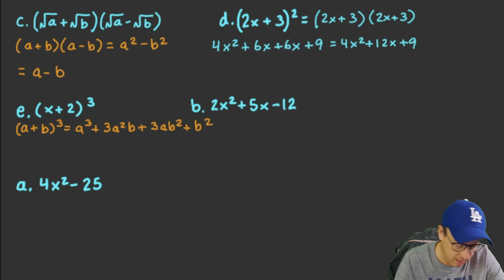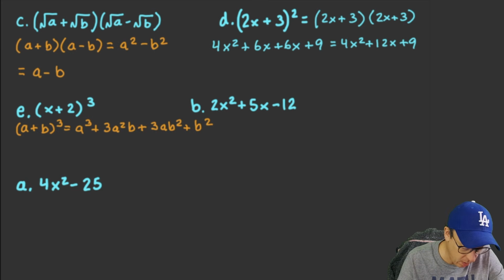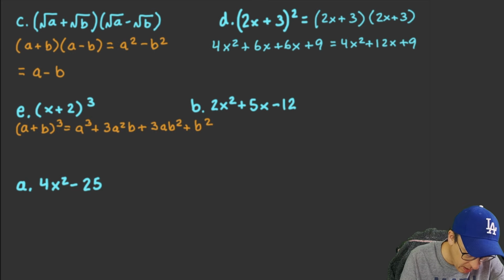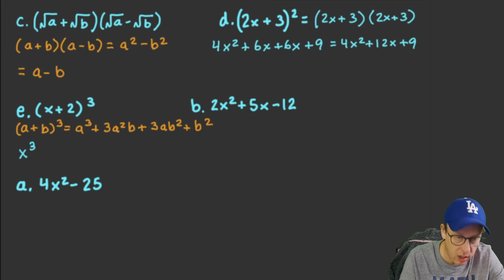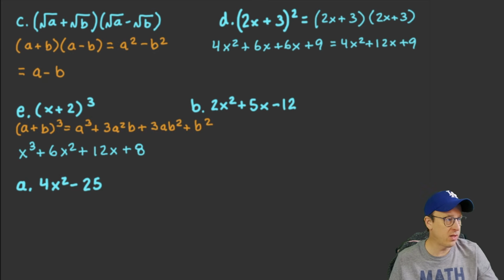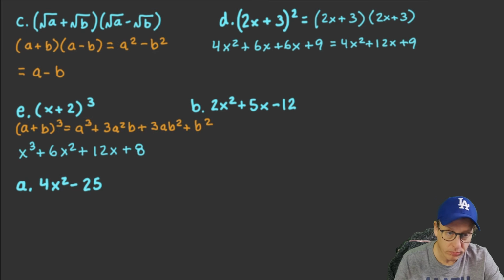Okay? And then to make this actually fit into that formula, we just take the a's and the b's and we throw them into place based off of what the formula says. So this is going to end up just simply being x to the power of 3 plus 6x squared plus 12x plus 8. See, everything is just memorizing formulas.